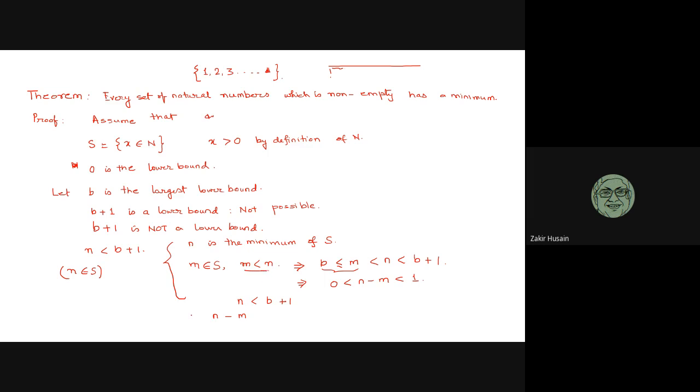So this has to be greater than 0. I am deducting m. If we look at b and m, how am I doing it?